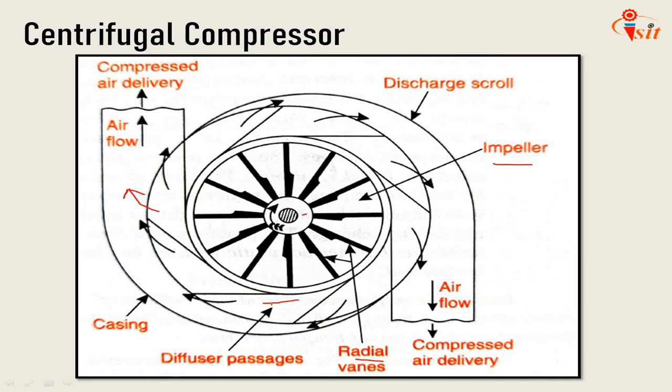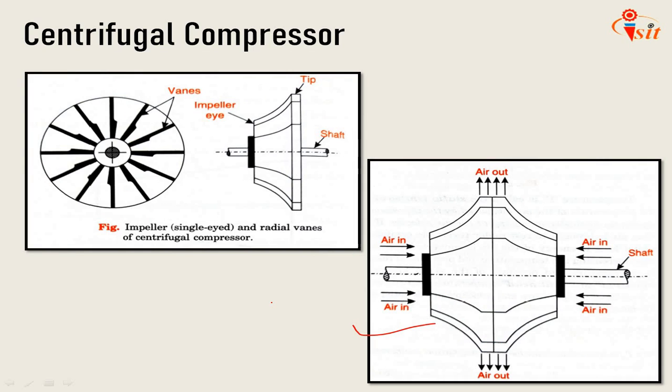Let the increased pressure and reduced velocity be P3 and C3. The changes of pressure and velocity of air passing through the impeller and diffuser are shown here. In practice, nearly half the total pressure is achieved in the impeller and the remaining half in the diffuser.